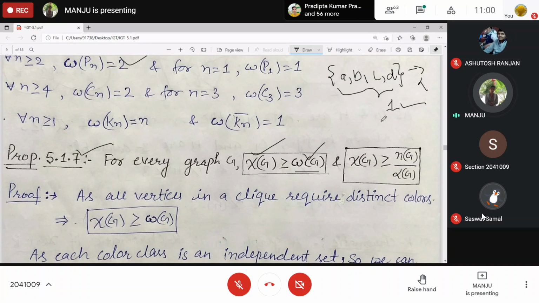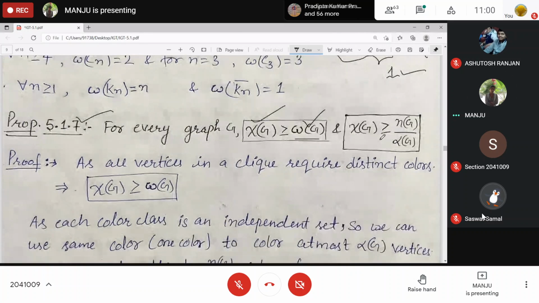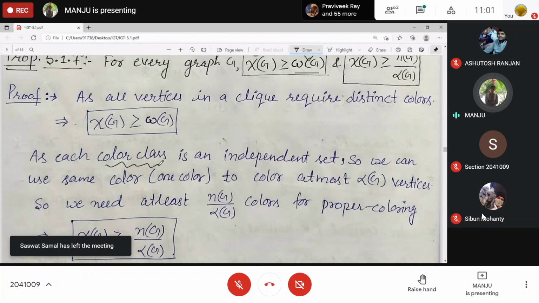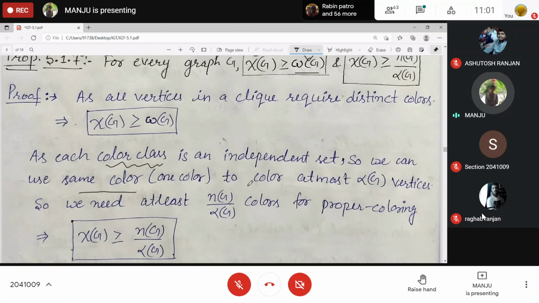So at least, look at this now. Each color class is an independent set. Each color class means the vertices that are colored with the same color. So we can use the same color for at most this many vertices, right?